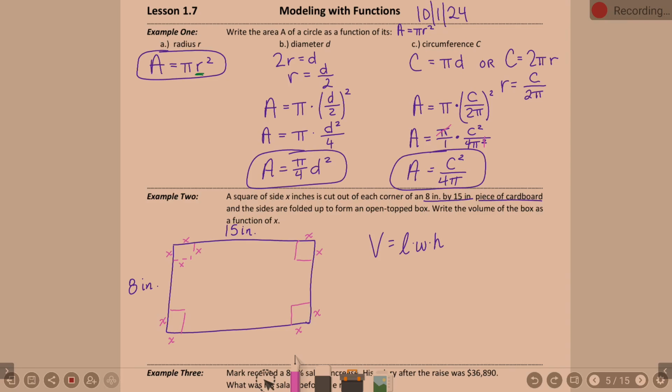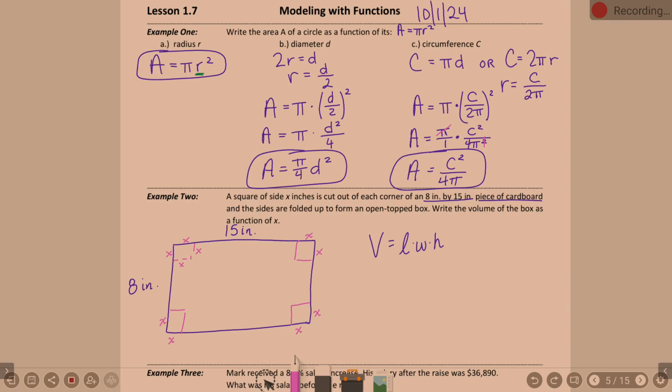So those corners are cut out, and then the sides are folded up to form an open top box. So you cut these corners out, and you're going to fold up the sides that remain, and that forms our box.